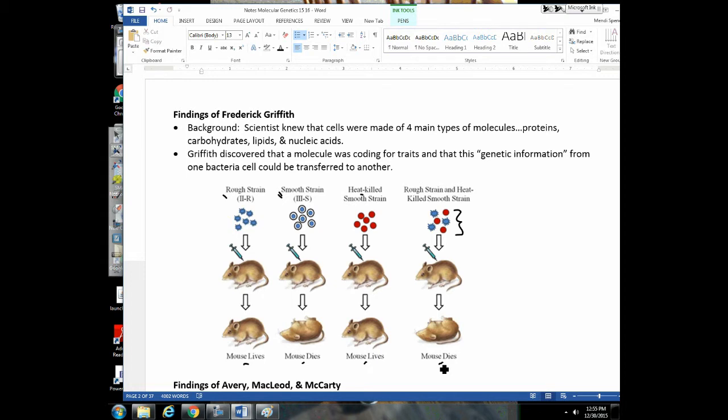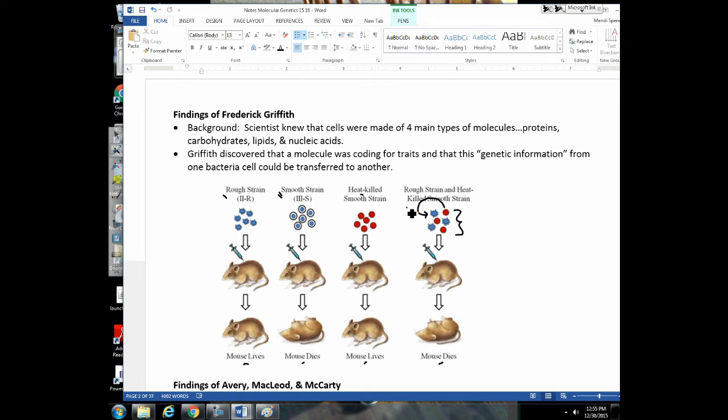So here's what his findings suggest: there was a molecule that was being transferred from these lethal S strain bacteria to these non-lethal rough strain bacteria, giving them a trait. So they were now deadly to this mouse.